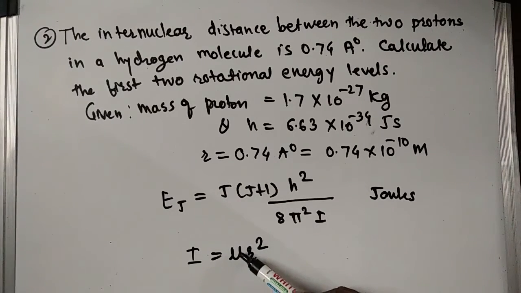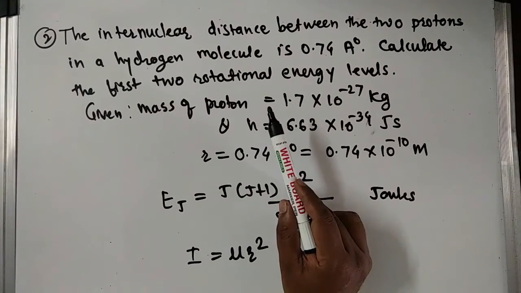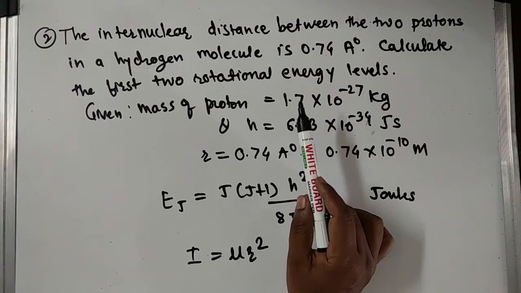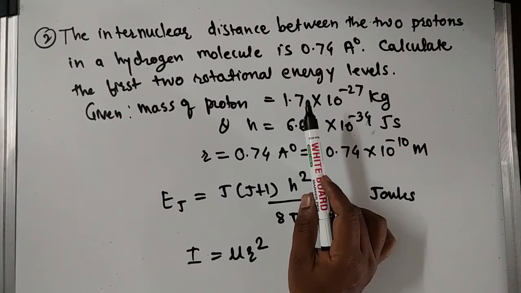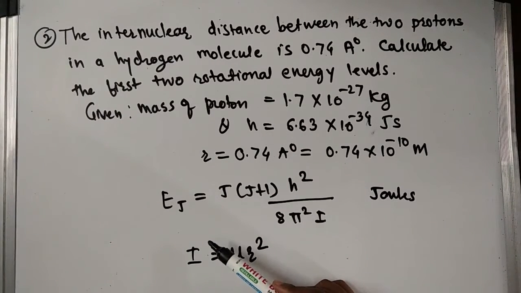Mu is the reduced mass. From the mass of hydrogen given, we have to calculate it for the H2 molecule, that is the hydrogen molecule, and from that we will calculate I, our moment of inertia for this molecule, right?